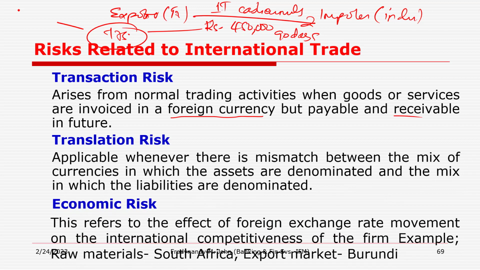Translation risk occurs when there is a mismatch between the mix of currencies in which the assets are denominated and the mix in which liabilities are denominated. That is to say, in international trade, we expect to have creditors and debtors, and a single company, let's say an exporting company, can have both.